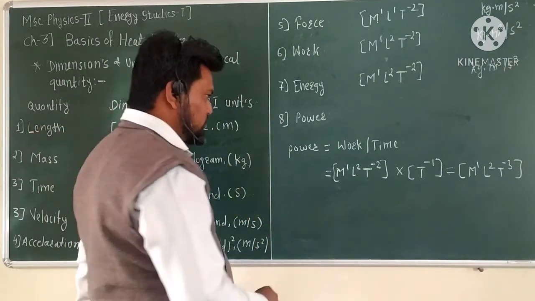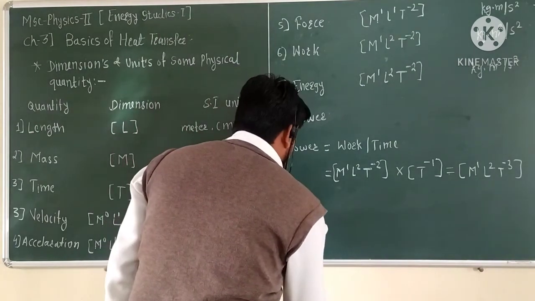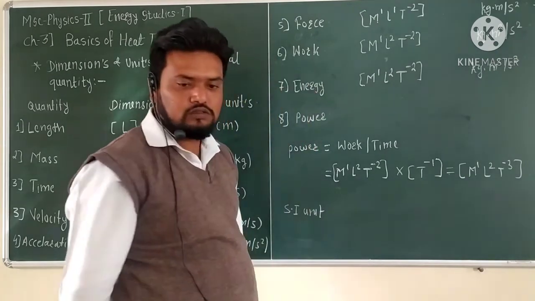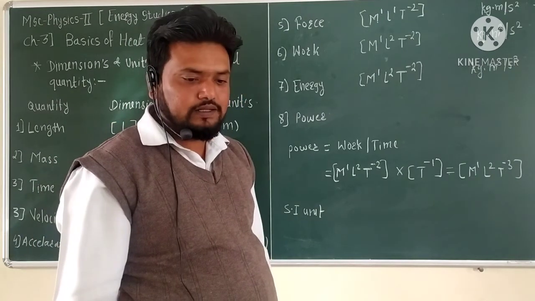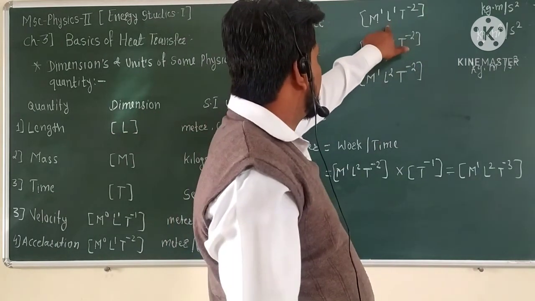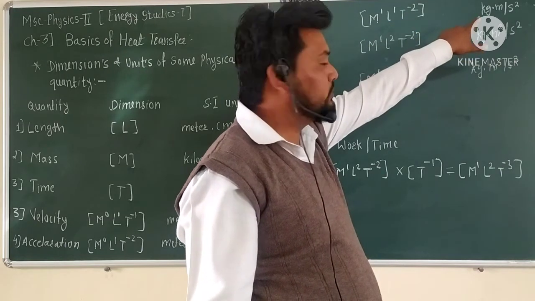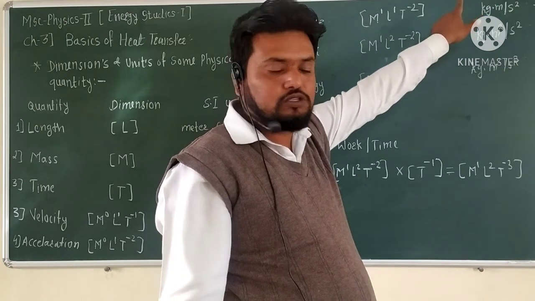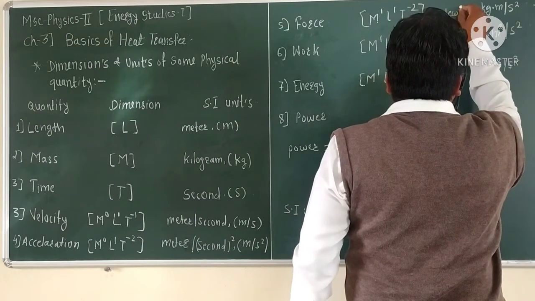Now the SI unit of power. The force dimension M^1 L^1 T^-2 is given as kg into meter per second square, which is nothing but the unit called the Newton.